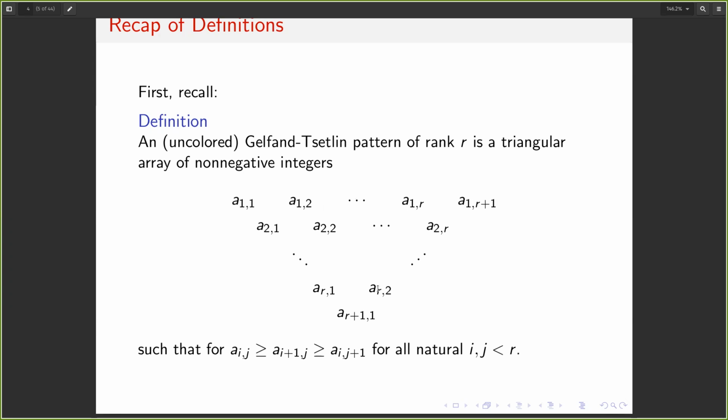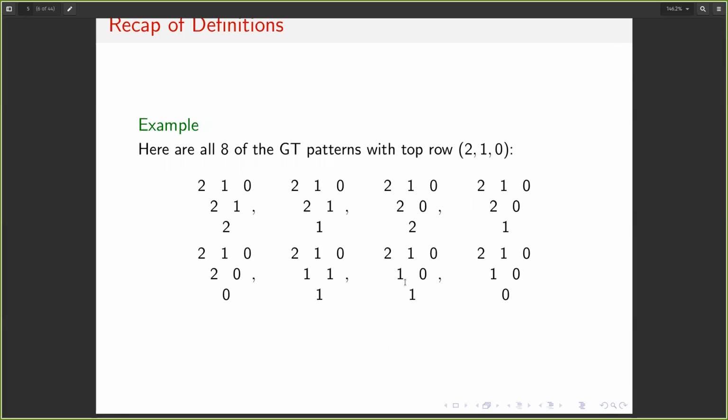This one is between this one and this one, and so on. Let's pick a top row 2, 1, 0. Here are all 8 possible GT patterns. Notice that they don't really have to be strictly decreasing in a row. We can have repeated entries in a row, and we'll see why that causes problems in our context.